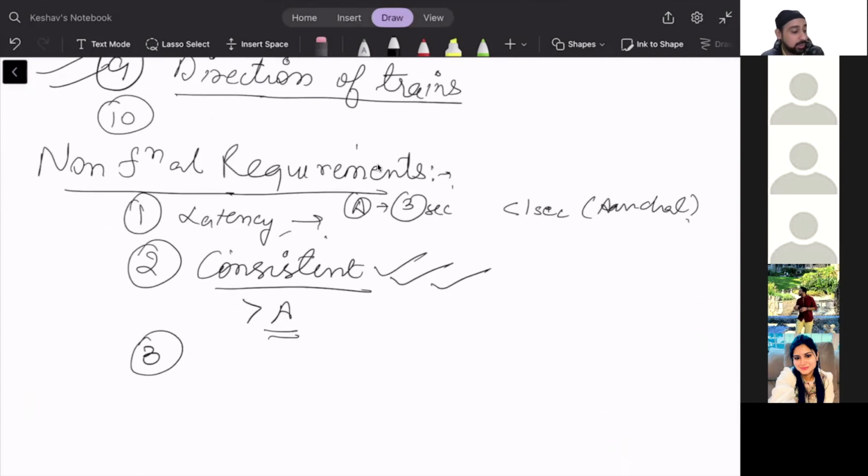What else? What is missing? What throughput do you expect from this system? How many trains do you expect to come in a second or in a minute, whatever granularity? Trains do not come in minutes, isn't it? Like how many trains can come in a minute for a particular railway station which has M platforms, and M can be a number.